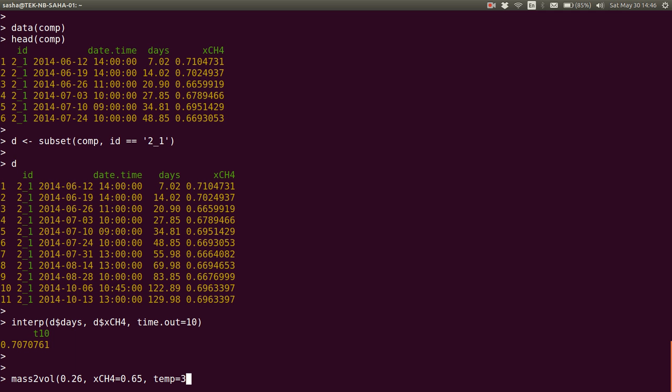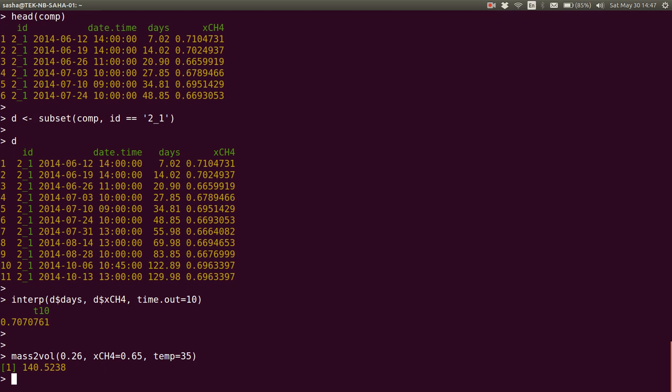And the temperature of the biogas just before it left the reactor, used to calculate its moisture content, was 35. That's equivalent to a methane volume of 140 milliliters. So that much mass loss indicates that 140 milliliters of methane was lost from the reactor.